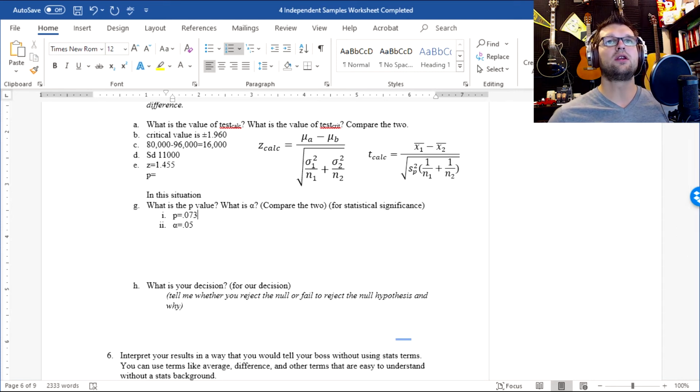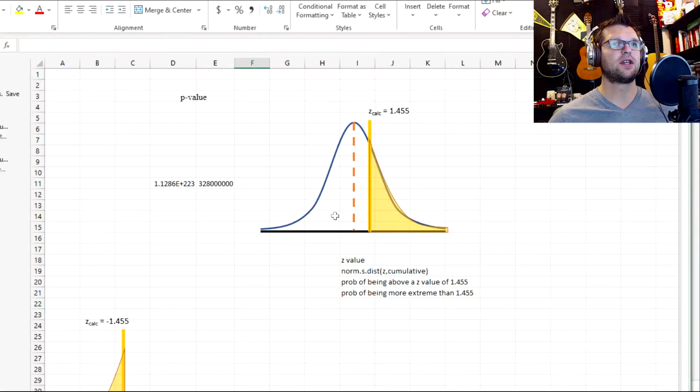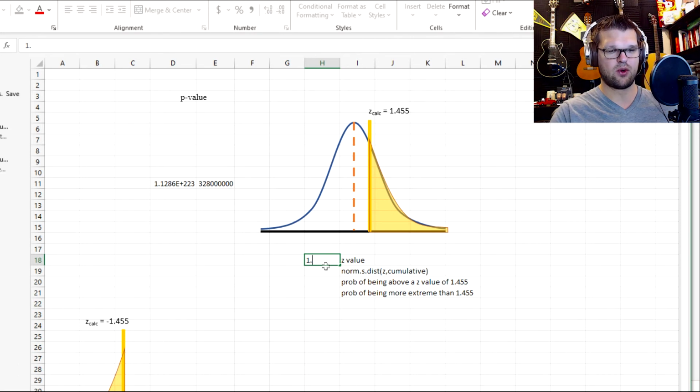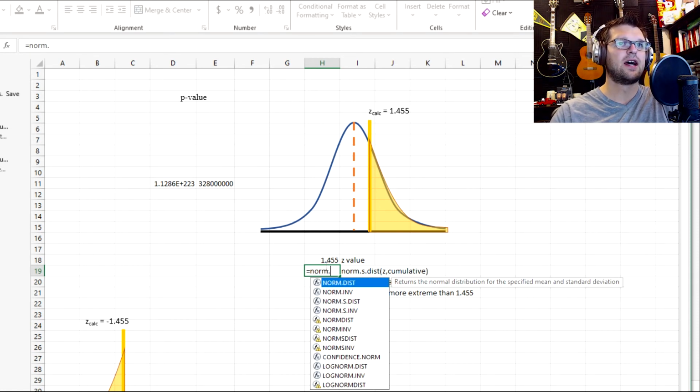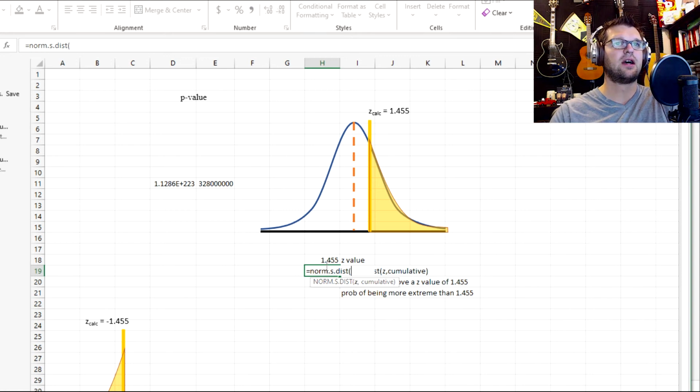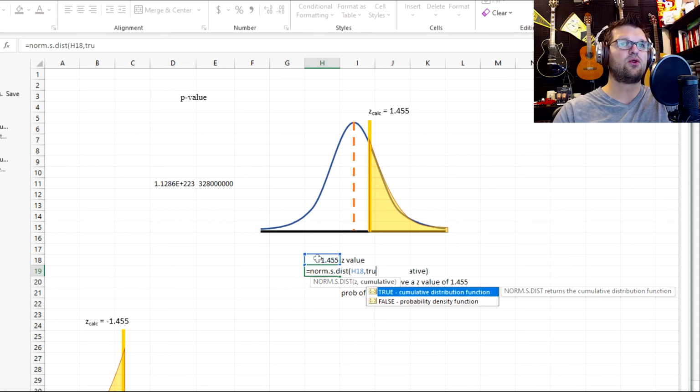Or we can come over to Excel, to trusty Excel, and we can use a formula. So the z-value, like what we had before, is 1.455, and so we're going to use a formula, and it's equals norm.s.dist, and we're going to put the z-value in there, and then we're going to put true for cumulative.